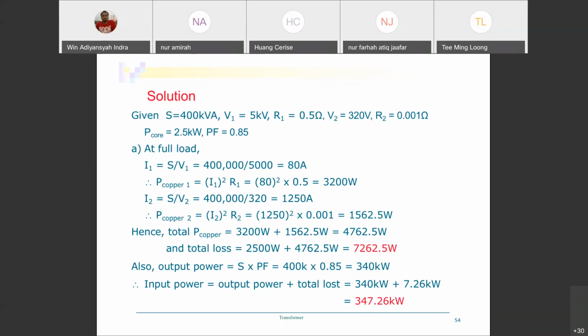Okay, so don't get confused. So for I2, S. Why is the S the same? Because we assume the transformer is ideal. So one of the requirements of an ideal transformer is that the S, apparent power, is the same for both primary and secondary side. Okay, they are equal.